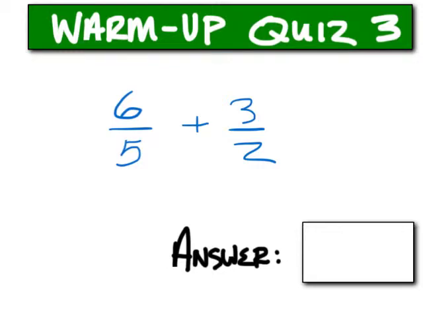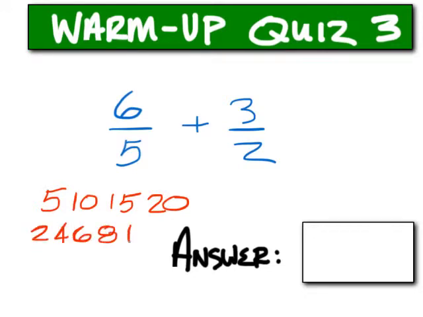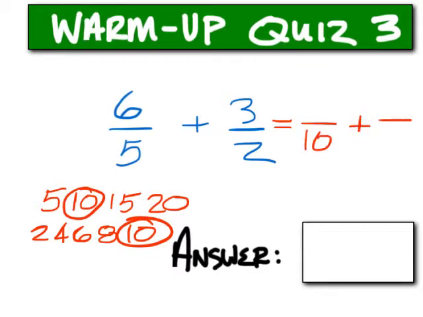Warm up 3, 6 over 5 plus 3 over 2. 5 and 2. You have 5, 10, 15, 20, and 2 is 2, 4, 6, 8, 10. 10 is the least multiple that shows up in both lists. So that's the number that we have to use.